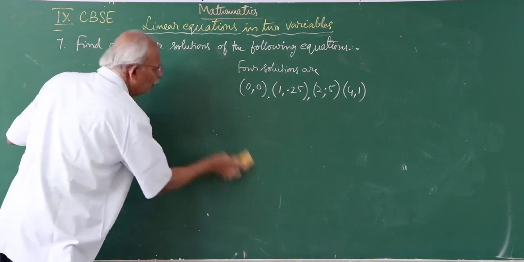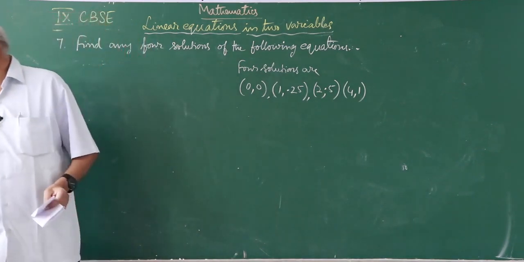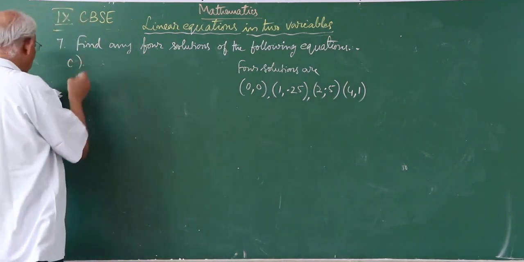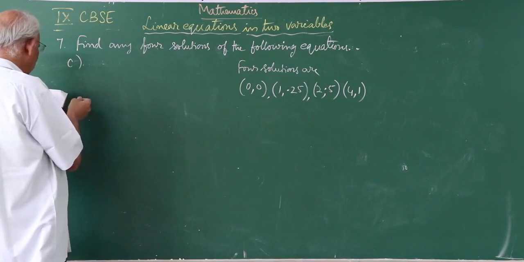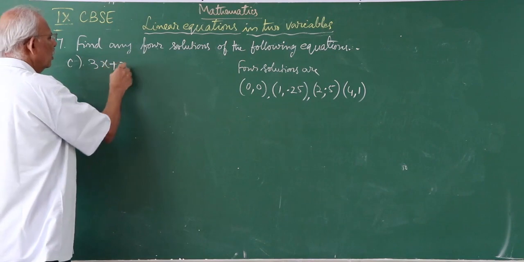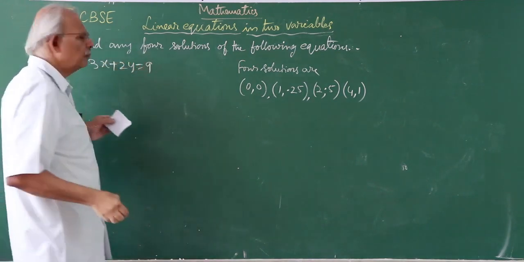Now I am going to give a few more. So C, 3x plus 2y equals 9.